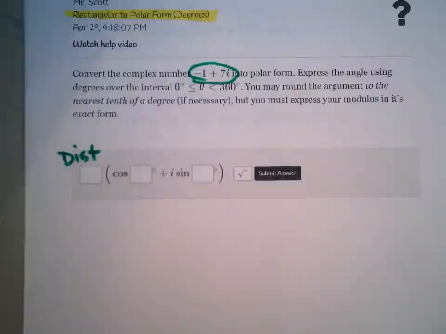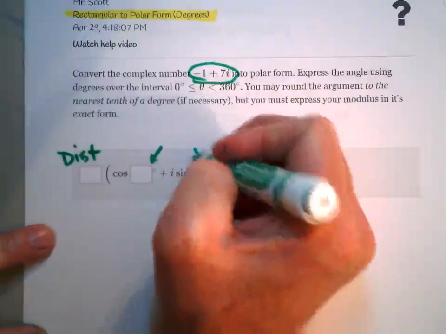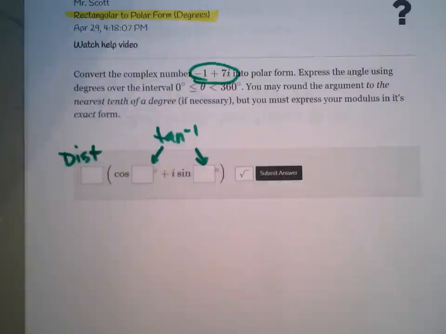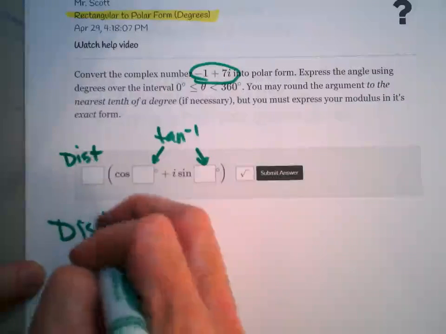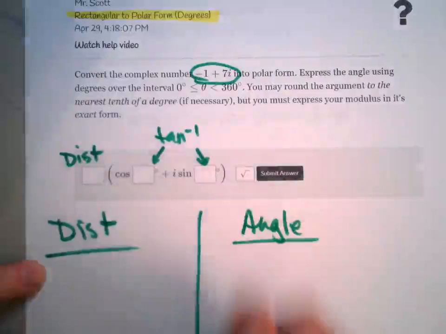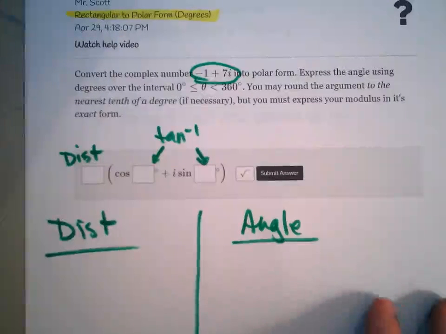We have to use the distance formula, Pythagorean theorem, to find out the distance of that. And then this is where we use inverse tangent. So I'll break that up, the distance and the angle for you. 2 different problems that we have to do for this answer.